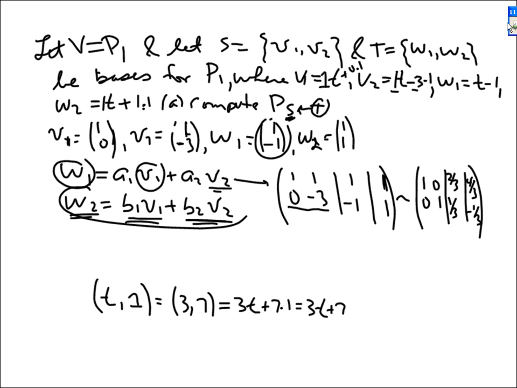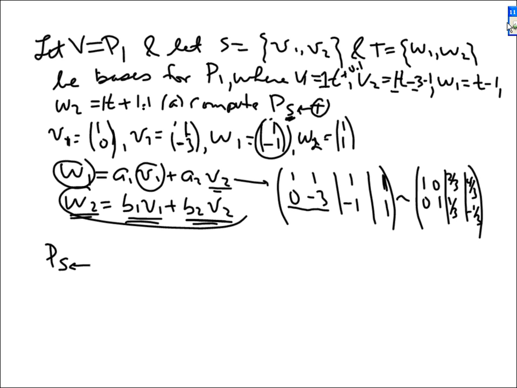And that's the transition matrix. To the right of the augmented matrix is the transition matrix. So I claim that P from T to S is equal to 2/3, 4/3, 1/3, -1/3.